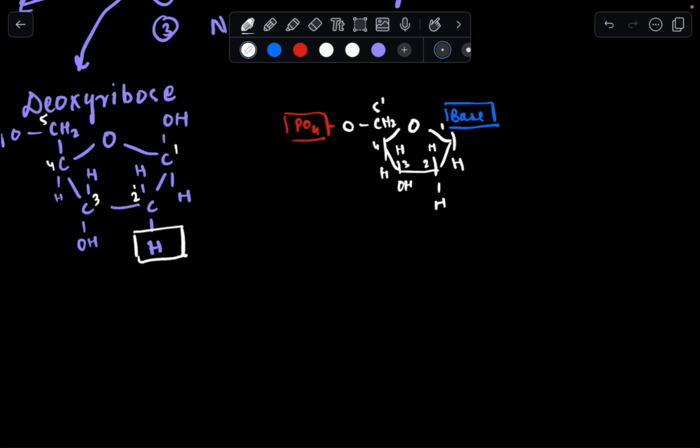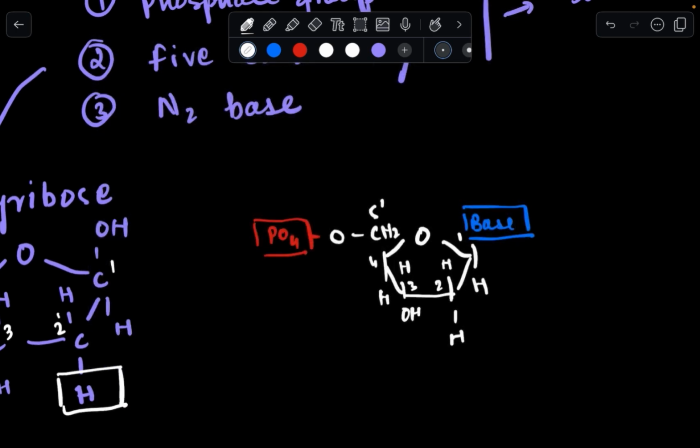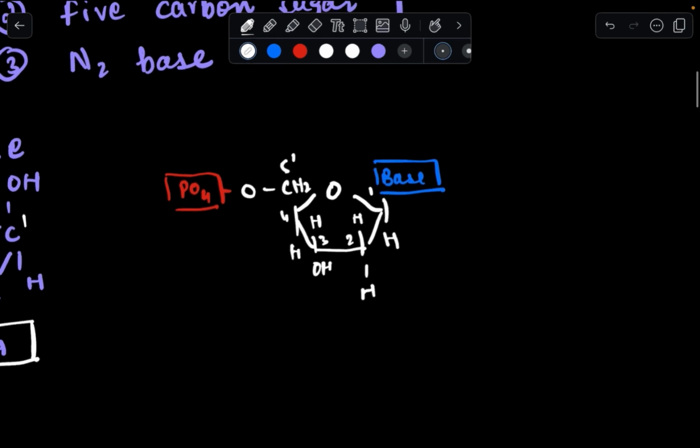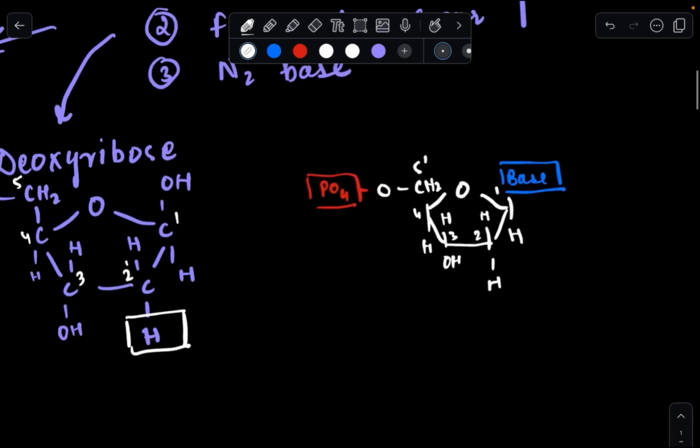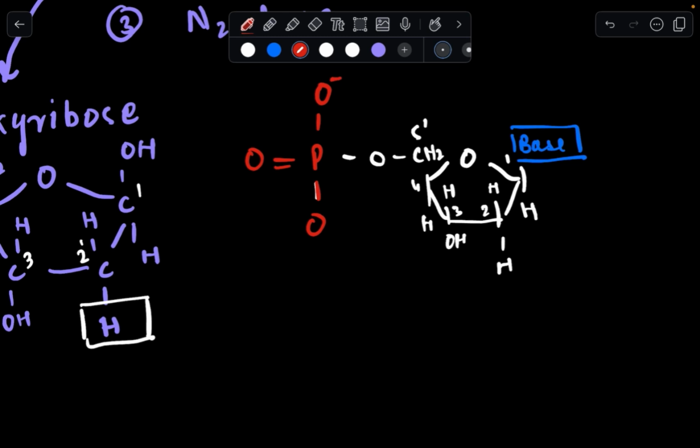Now how it forms the entire structure, we'll see. The phosphate group is joined to the sugar on either side by ester linkages, and the overall structure is therefore a phosphodiester linkage. This is one nucleotide, and then we can see how it is linked to the other nucleotide. Let's draw this phosphate, which might have the negative charge.